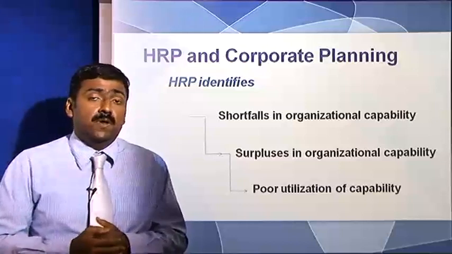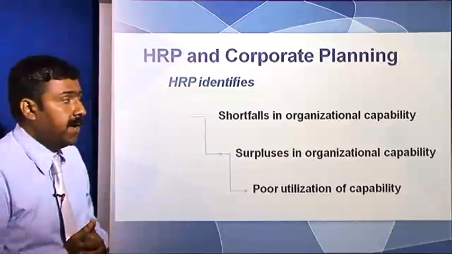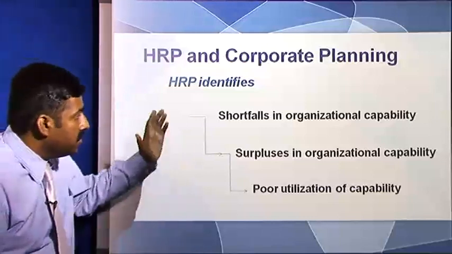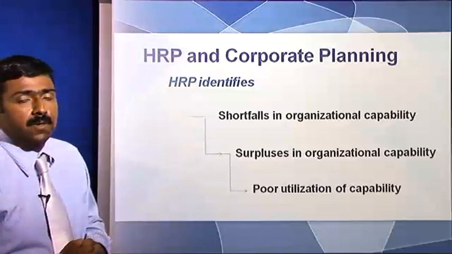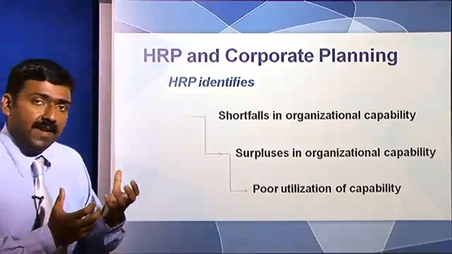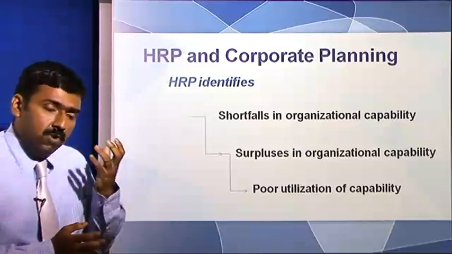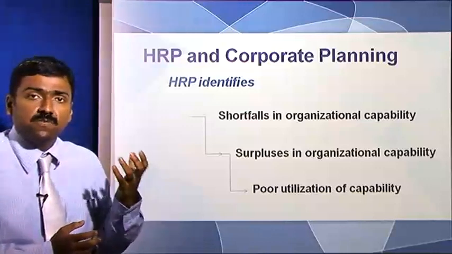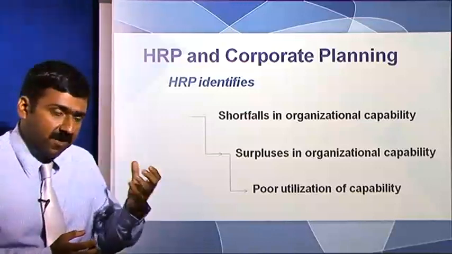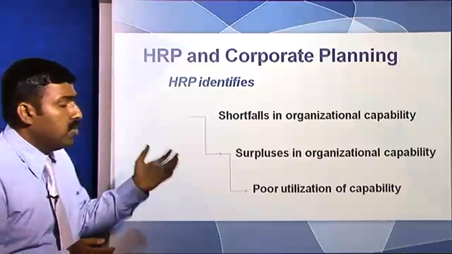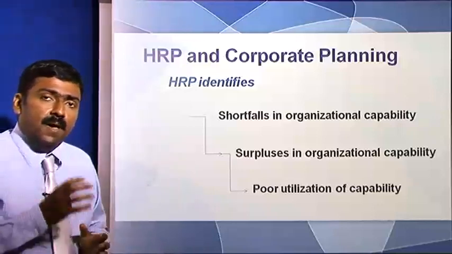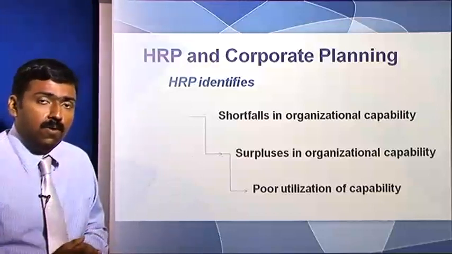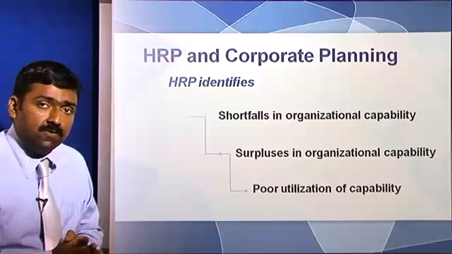What is the relationship between human resource planning and corporate planning? Now, human resource planning identifies shortfalls in organizational capability. What is the skill gap? What are the deficiencies? What are the shortages in my organization which are preventing me from reaching the business objectives? HRP identifies this aspect. Moving on to surpluses, there will be hidden surpluses in your organization, people who are being underutilized, so to say.